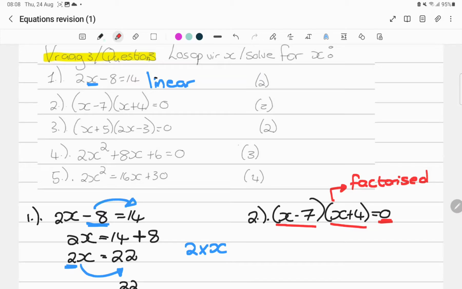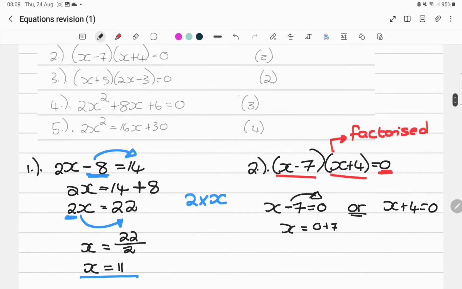So all you're now going to do is take your first bracket, which was x minus 7, and put it equal to 0. Or, remember the word or in between, you're going to take your second bracket and put it equal to 0. So that means I can take over my 7, and I get x equals 0 plus 7, which is obviously equal to 7.